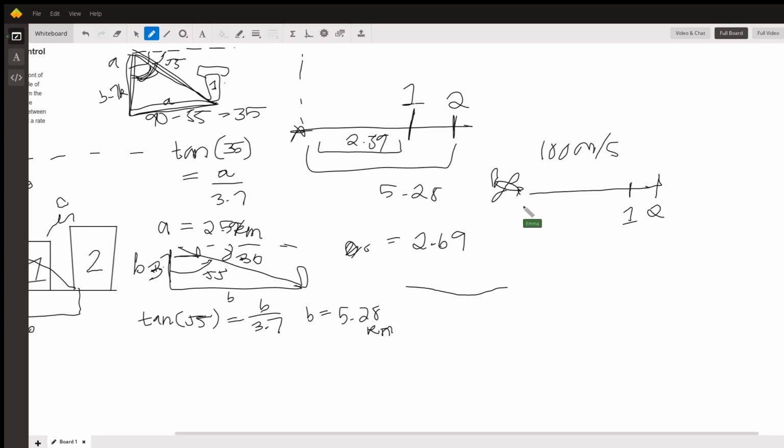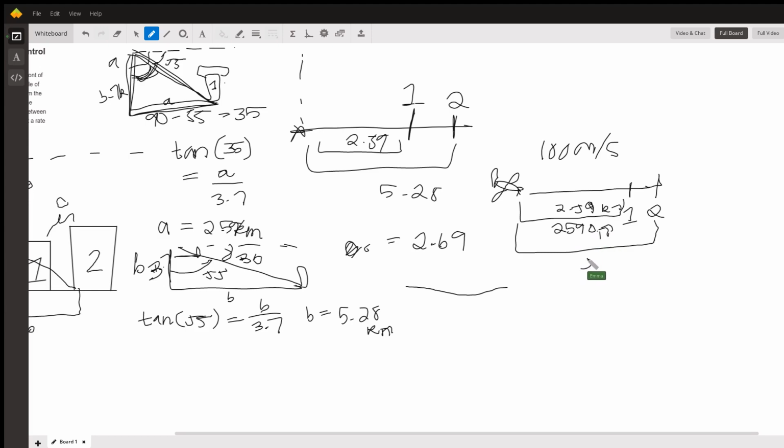So we have to change the kilometers on the ground here to meters. So here we have the 2.59 kilometers, and that's 2,590 meters.